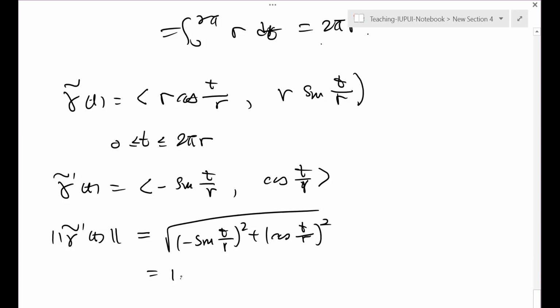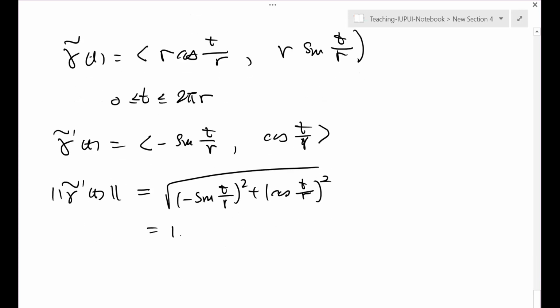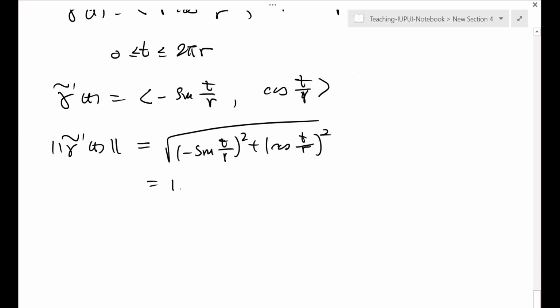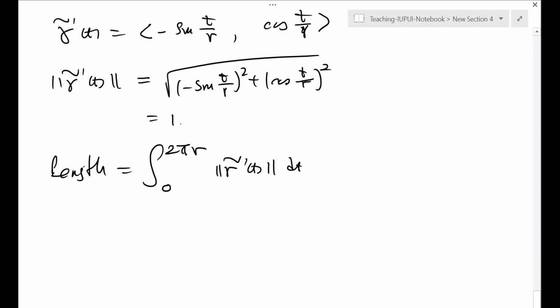Then the length of the circle is going to be the integral from 0 to 2 pi R of 1 dt, which is 2 pi R.